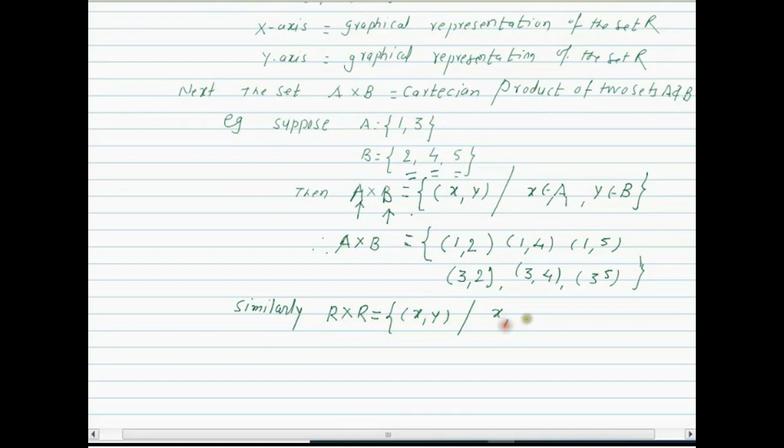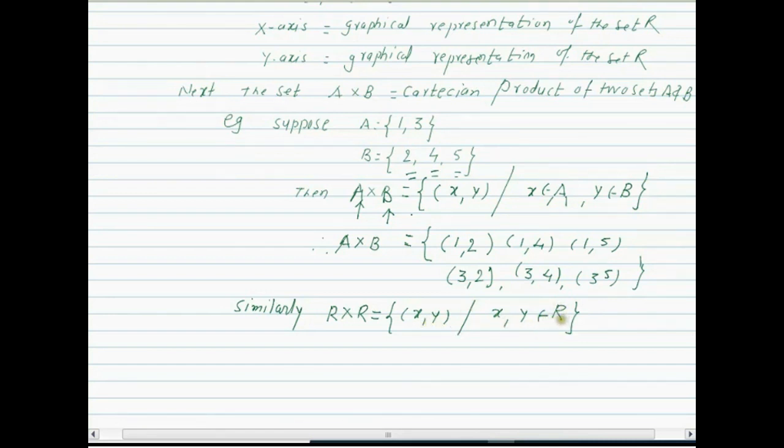So we write here that x and y are elements of the same set R. So R cross R will contain ordered pairs like x comma y, where x and y are real numbers.